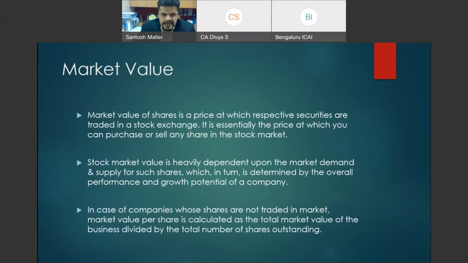So basically, from the perspective of stock market value, it is heavily dependent upon the market demand and supply of such shares, which in turn is determined by the overall performance and growth potential of the company.